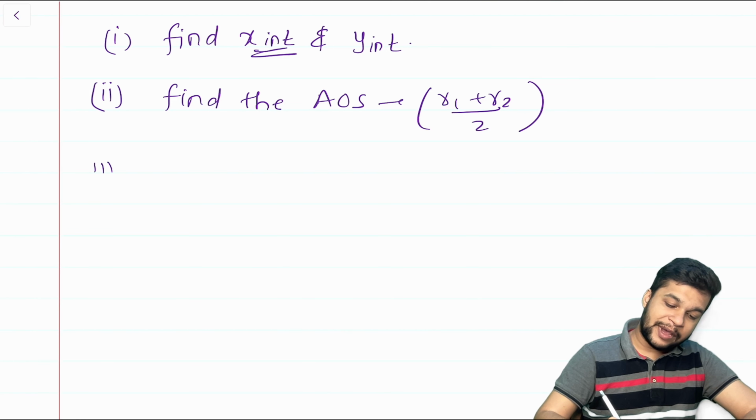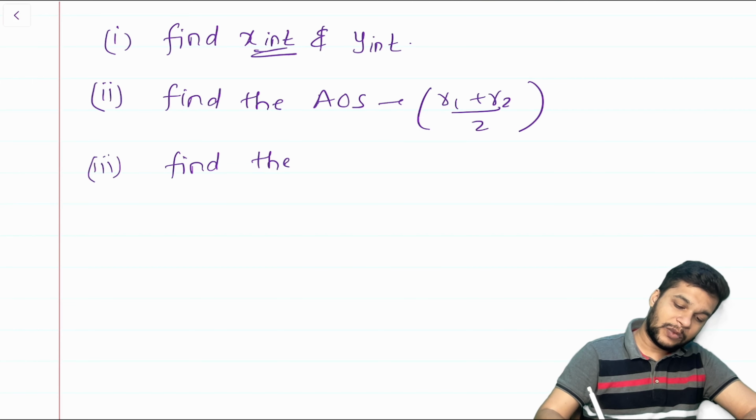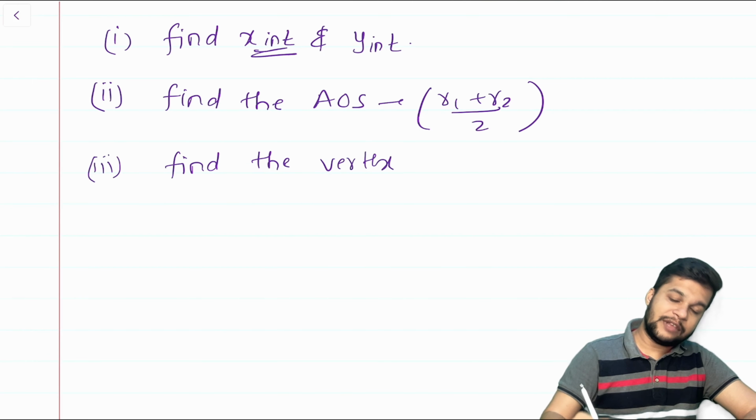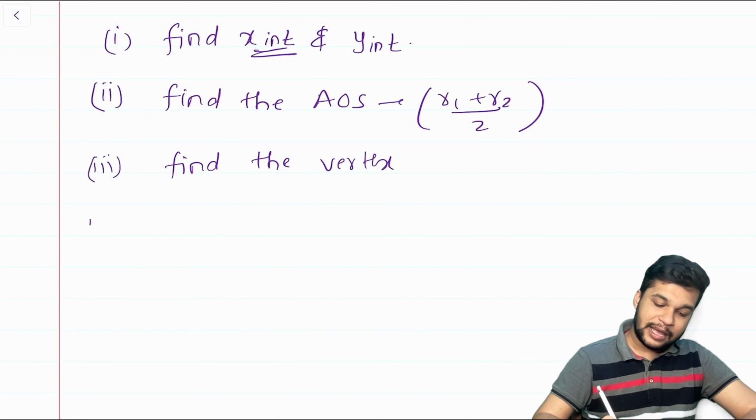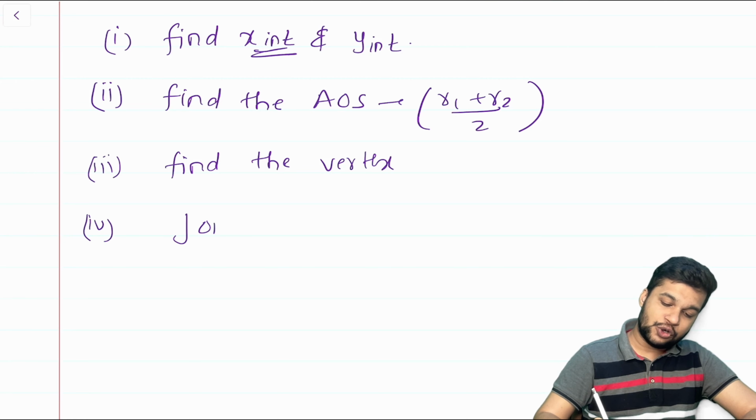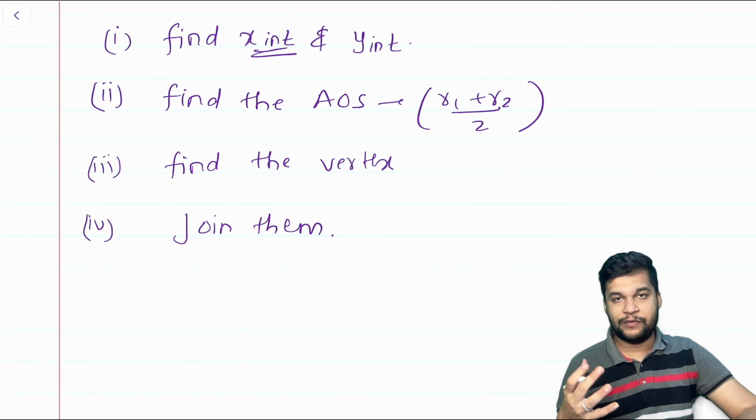Step 3, find the vertex. Then you will have these 3-4 points on your graph paper. Lastly, join them and you get the quadratic curve.